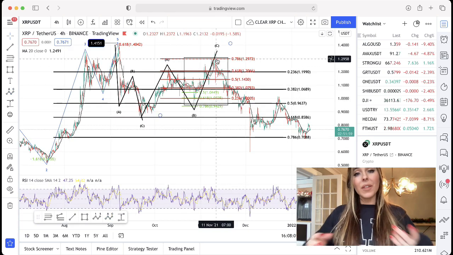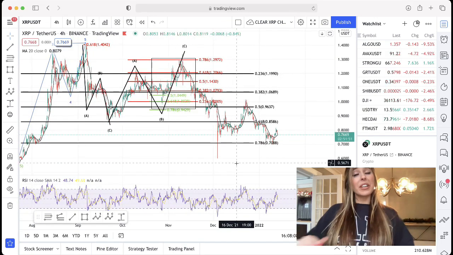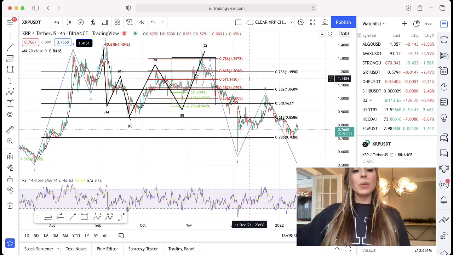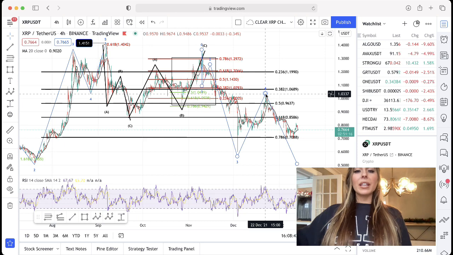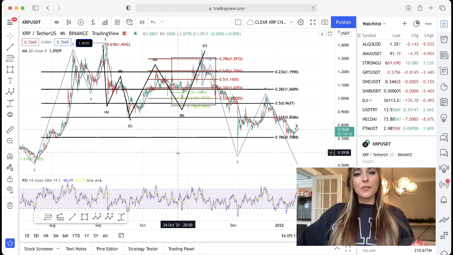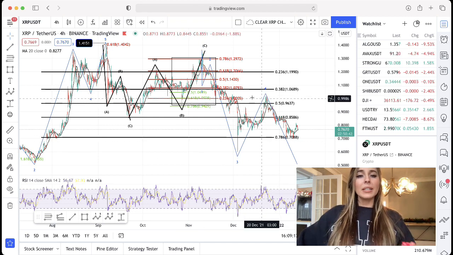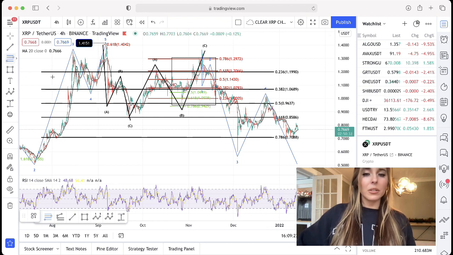Okay, so now that we know that hit the target of 1-to-1 of A, this is almost looking like a 5-wave structure. So this most likely was a wave 3. What we want to do is find the fibs for wave 4, and then we'll go in and find the fibs for wave 5. So now let's measure the fibs for this wave 4 coming up here and see how high this is going. Because wave 2 didn't go as high, I think this one is just going up a little bit more.